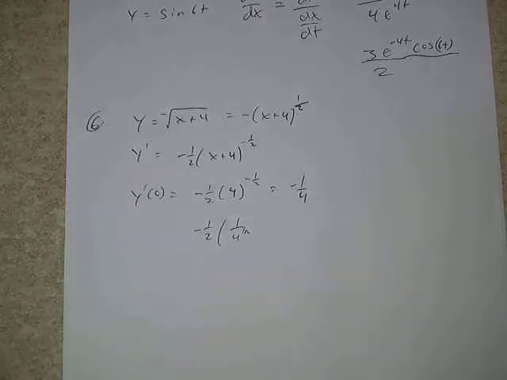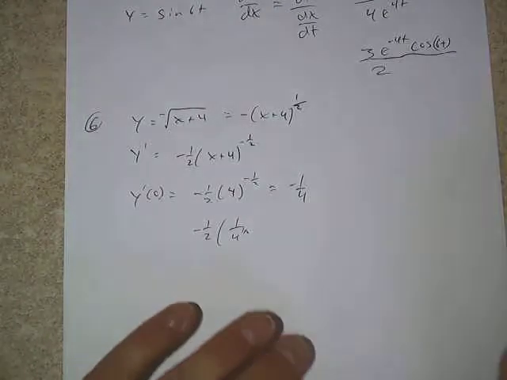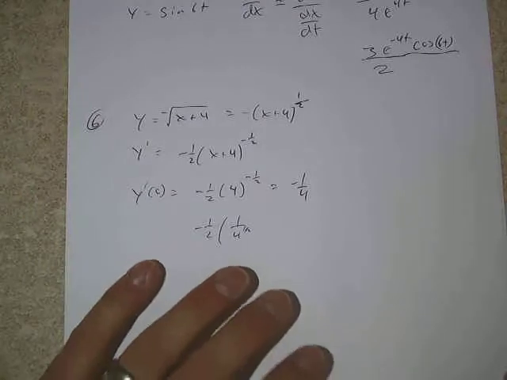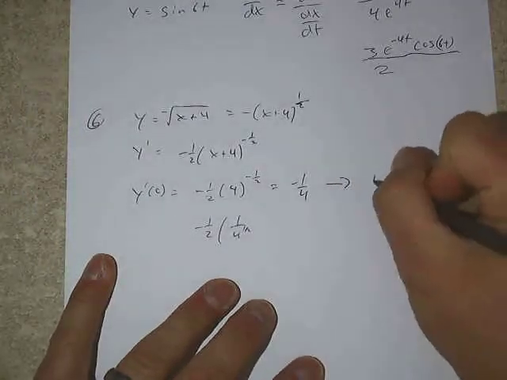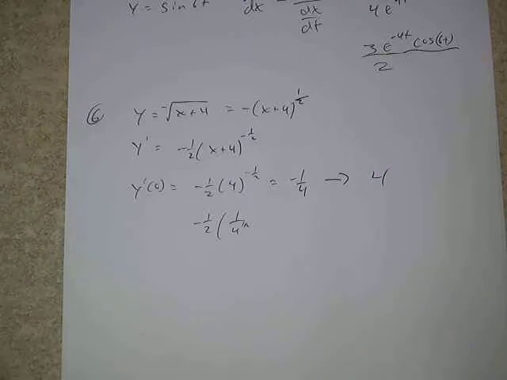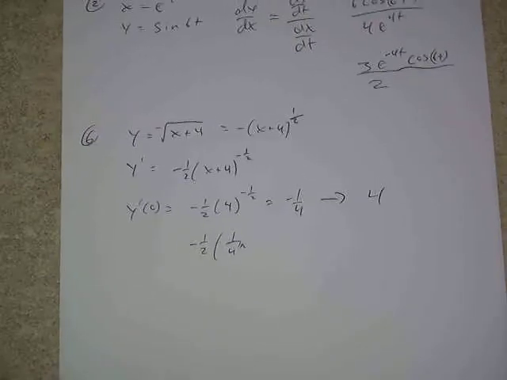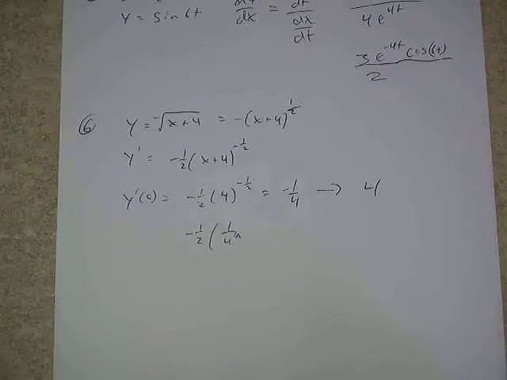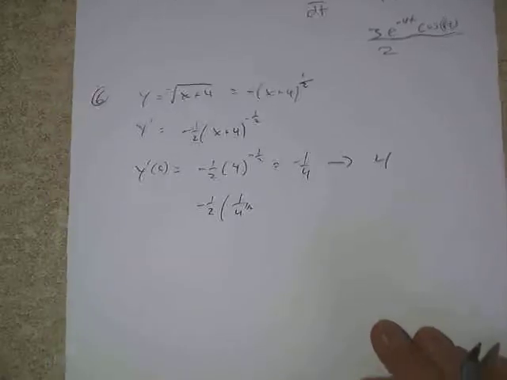So again, you got negative 1 half times 1 over 4 to the 1 half, or 4 to the 1 half is just 2. So it'll be a negative half times positive half, be negative 1/4. And ultimately with that, that is going to be our slope of our tangent line at 0. Slope of the normal line then becomes what? Opposite reciprocal would be 4. The letter choice C.